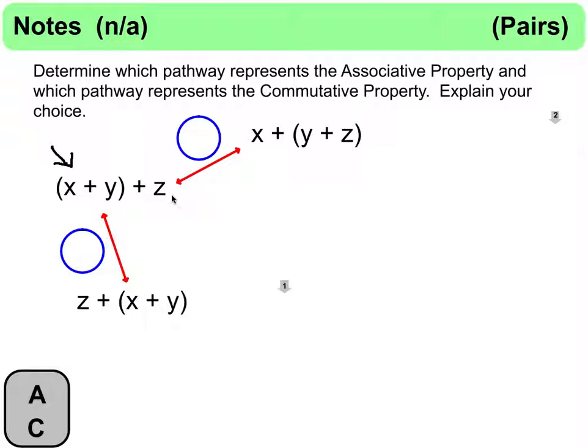When we compare it, we see the x plus y in the front and the z in the back. But in this one, we have the z in the front and the x plus y in the back. And so we are going to designate that as the commutative property, C for commutative property of addition.